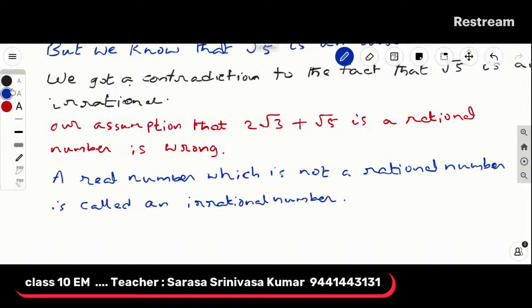Therefore 2 square root of 3 plus square root of 5 is an irrational number.